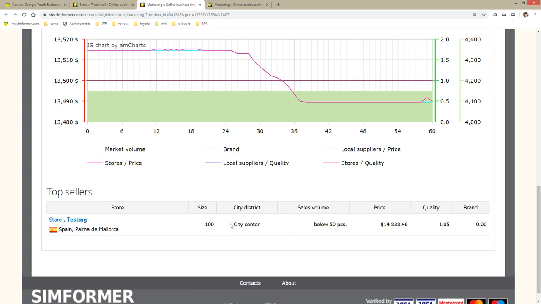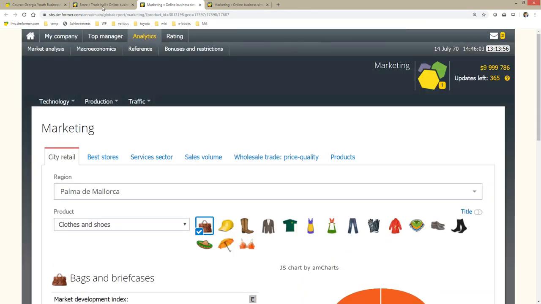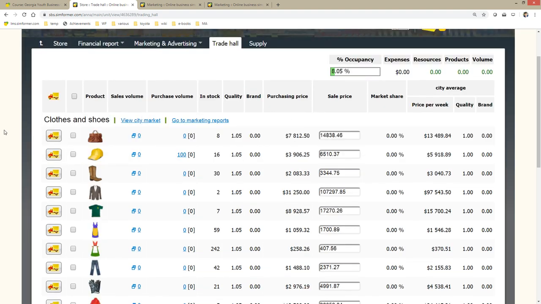What's the store size? Well, this is where that store is located, what price he's asking, and what quality he or she is selling. So in order to understand more about your competition, this report is something you are definitely going to be willing to check out. Now, let's jump into the production part.